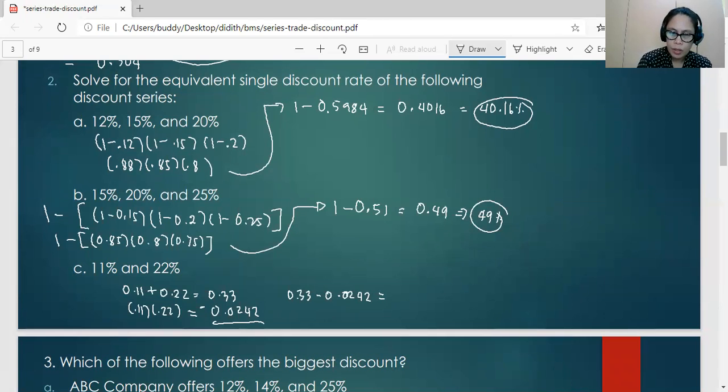So we have 0.9758. I'm sorry, I subtracted that from 1. Instead, it has to be subtracted from 0.33. So it's 0.33 less 0.0242. It's 0.3058. And this is equal to 30.58%. Okay?